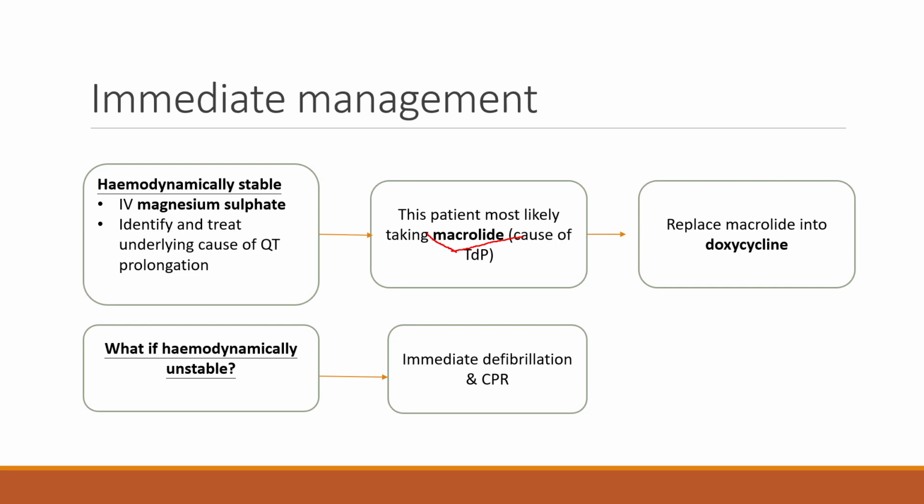Although this patient is hemodynamically stable, I'd like to talk about what if he is unstable. If he's unstable, then you have to give him immediate defibrillation and CPR until his vital signs are stable again. Then you can move on to the pharmacological antiarrhythmic treatment. And after you treat this patient, you still have to consider his long-term management.